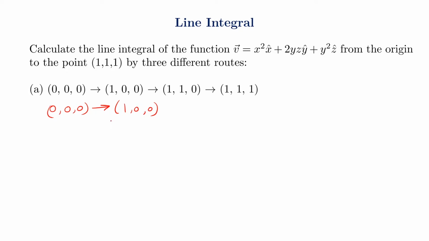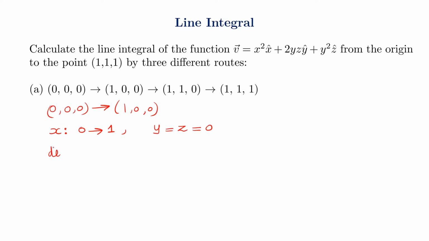In going from 0, 0, 0 to 1, 0, 0, the value of x varies from 0 to 1 and the values of y and z are equal to 0.